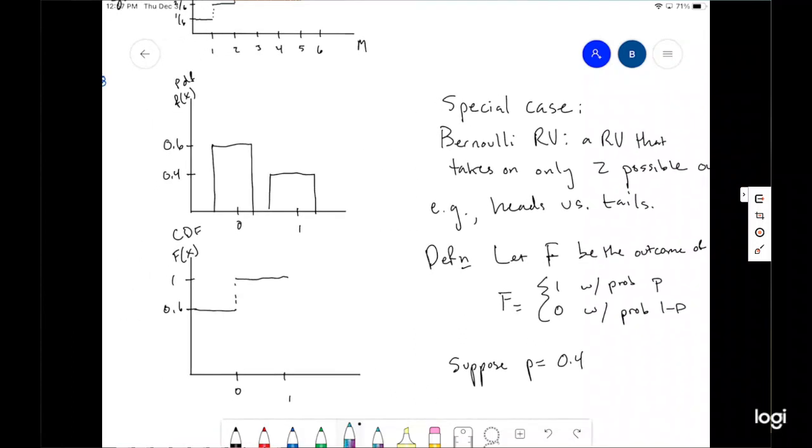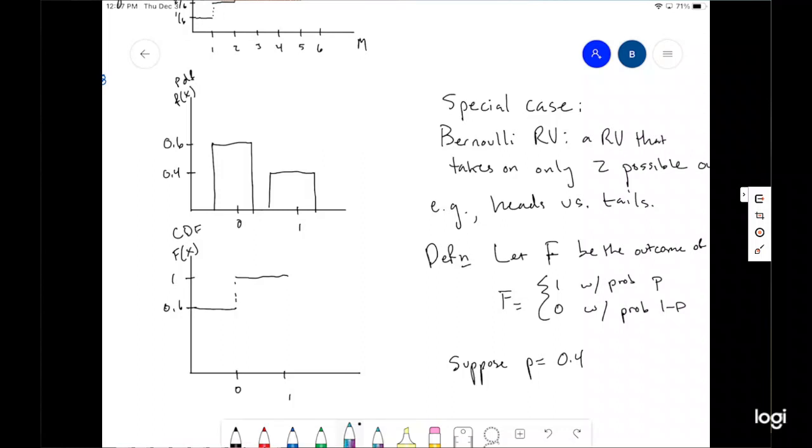And that's what we have over here. So the PDF of a Bernoulli random variable with P equals 0.4 will have the outcome 1 with probability 0.4, and the outcome 0 with probability 0.6. And then the CDF is going to be, for the outcome 0, anything less than or equal to 0 is equal to 0.6, and then anything less than or equal to 1 is equal to 1.